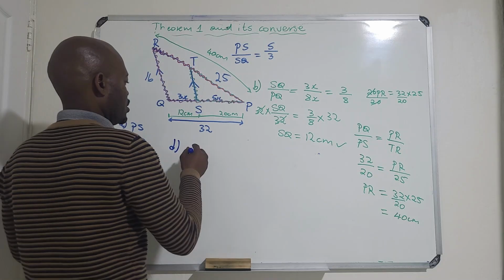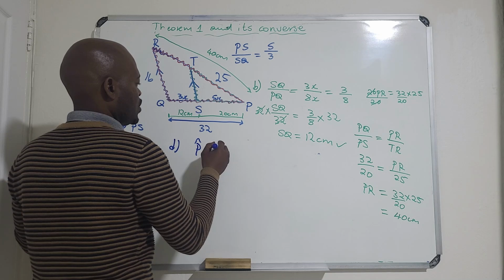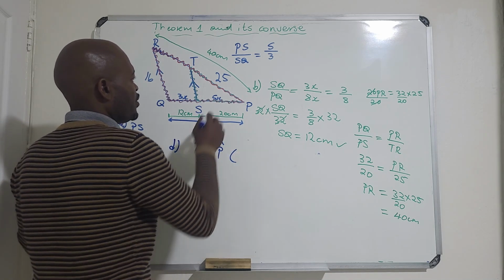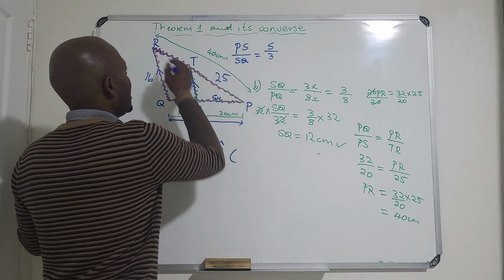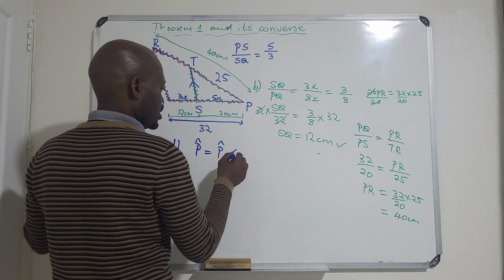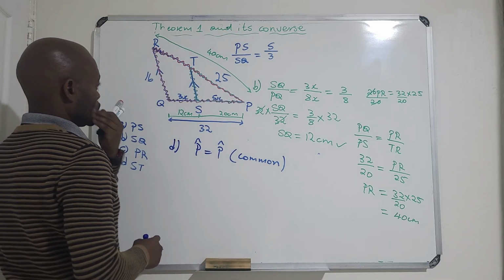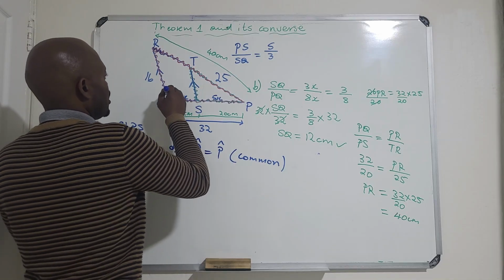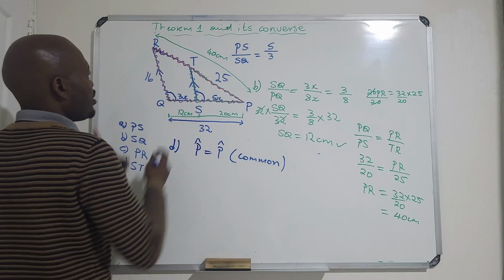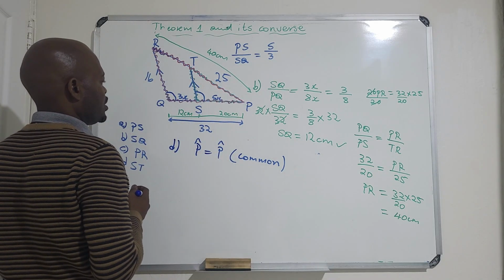Therefore, we prove angle P is equals to angle P. Why are we saying that? This triangle and this triangle, P is common for both triangles. This angle here is equals to this angle there from part 1. This is an F shape. This is an F shape.